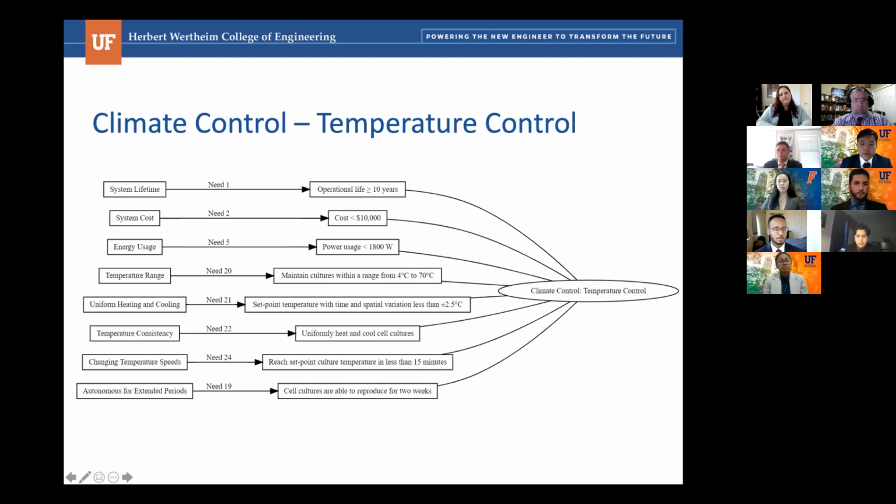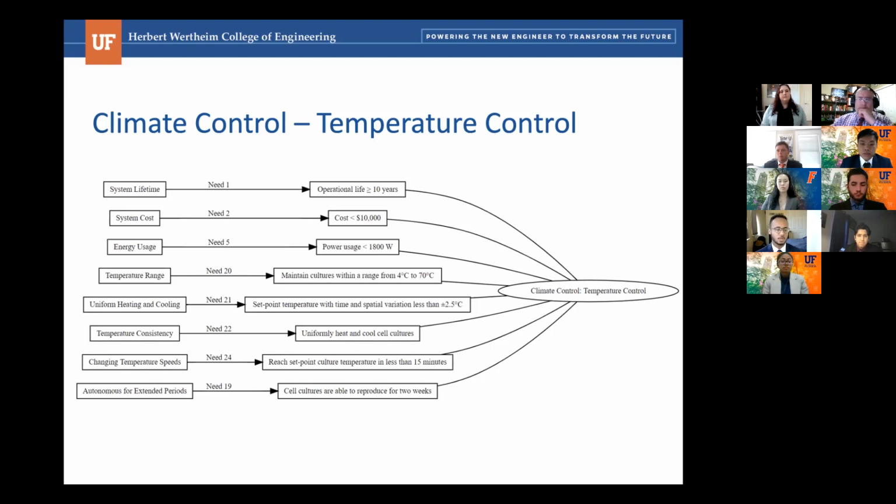So as Austin mentioned prior, the first few customer needs were definitely taken into account. However, for temperature control's sake, the next few needs needed to be more specified.